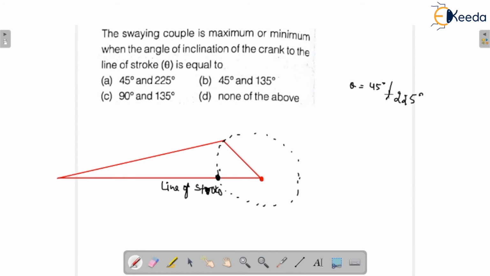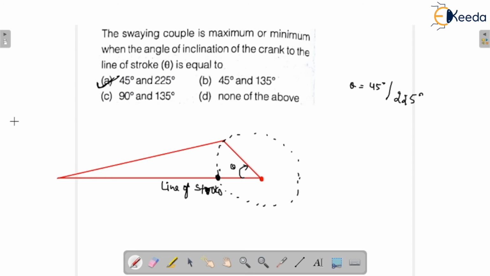This angle theta is always measured from the line of stroke. So the answer would be 45 and 225 degrees. But if the question were about the tractive force, the answer would be 135 and 315. However, it is asking about the sine couple, so this would be the answer.